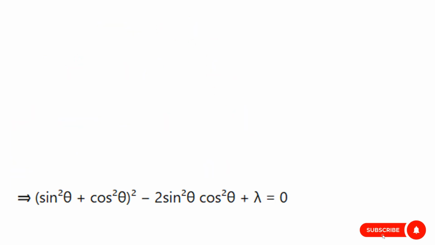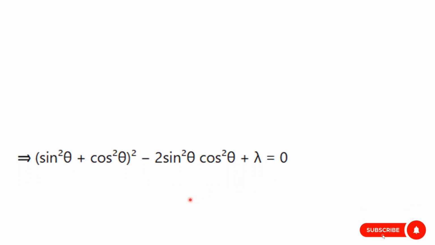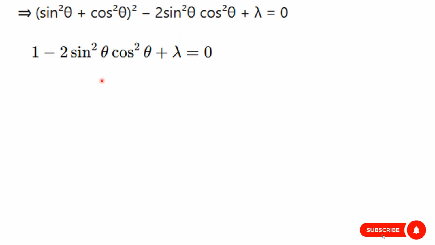Therefore, the given expression is reduced to (sin square plus cos square) whole square minus 2 sin square cos square plus lambda is equal to 0. We know that sin square theta plus cos square theta is 1. Therefore, we have 1 minus 2 sin square theta cos square theta plus lambda is equal to 0. Let us divide this second term by 2 and multiply by 2.